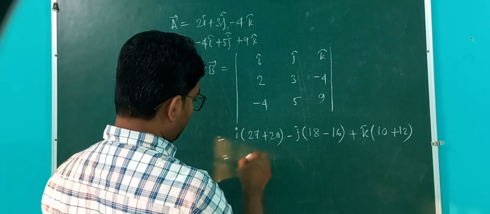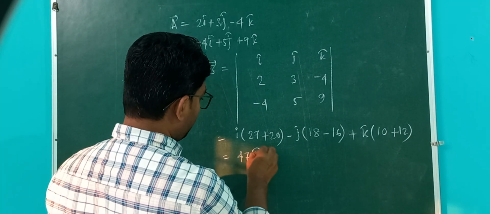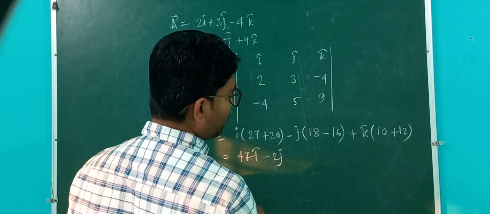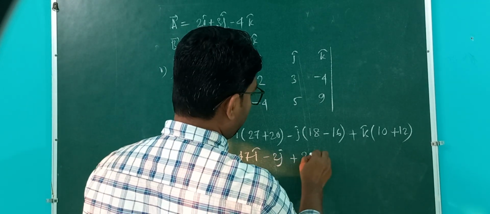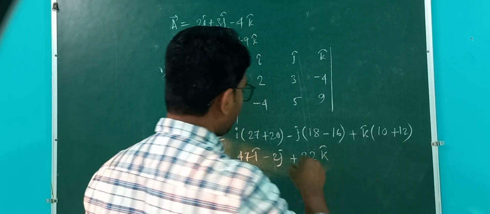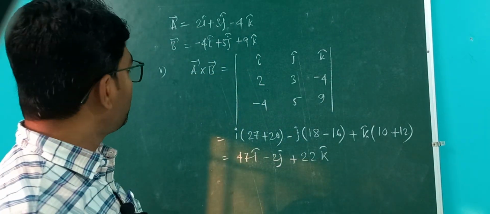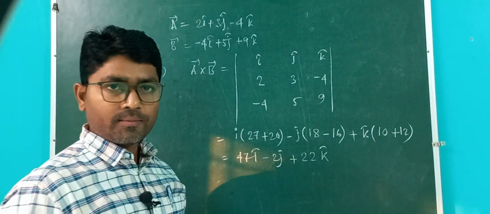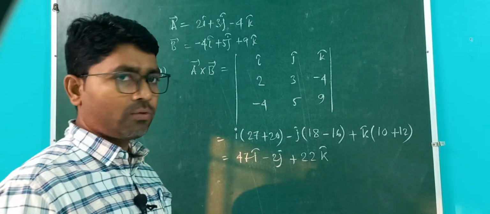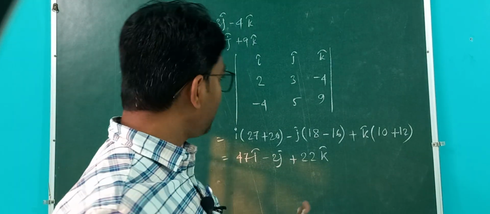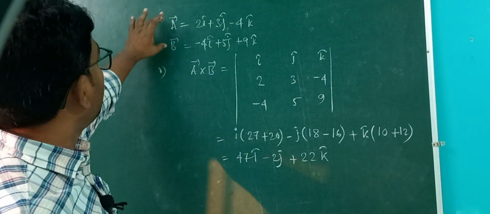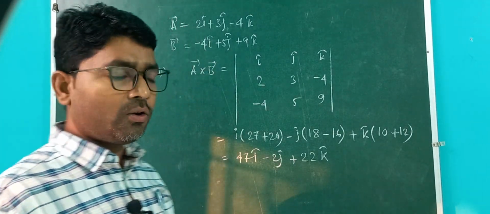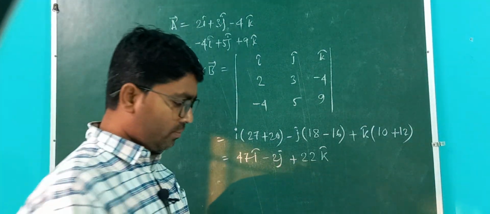That is 47i minus 2j plus 22k. You see, the cross product of two vectors gives a vector quantity. So it is very clear, between any two vectors we can calculate addition, subtraction, scalar multiplication, dot product and cross product.